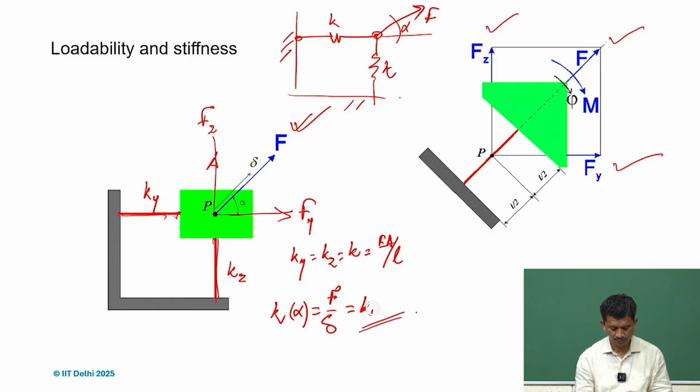So just be aware of that. It's independent of the direction of F. No matter how we apply it, whether in the y direction, the z direction, or any inclined direction, the stiffness experienced by the force is always K.